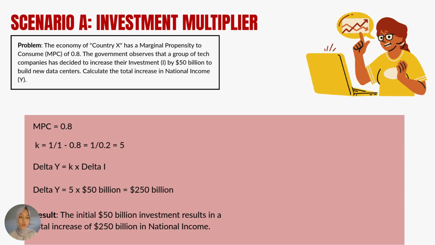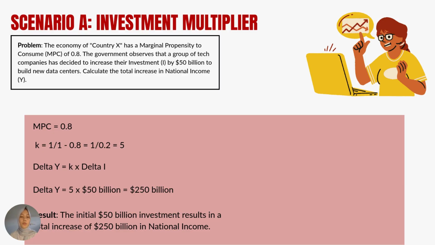So K equals 1 over 1 minus 0.8, which equals 1 over 0.2, equals 5. And then there's a formula here that we're going to use: delta Y equals K times delta I, or the investment.